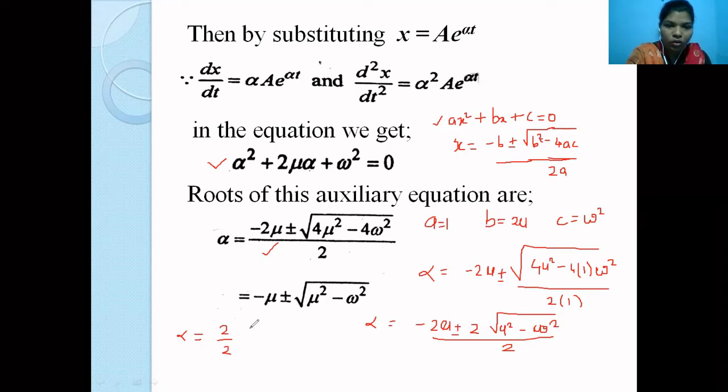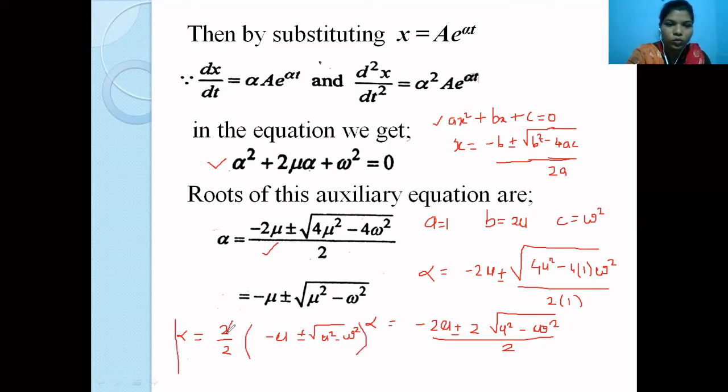In the bracket, all I'm left with is minus of mu plus minus square root of mu square minus omega square. So this is going to be my general solution, as we have derived it here.